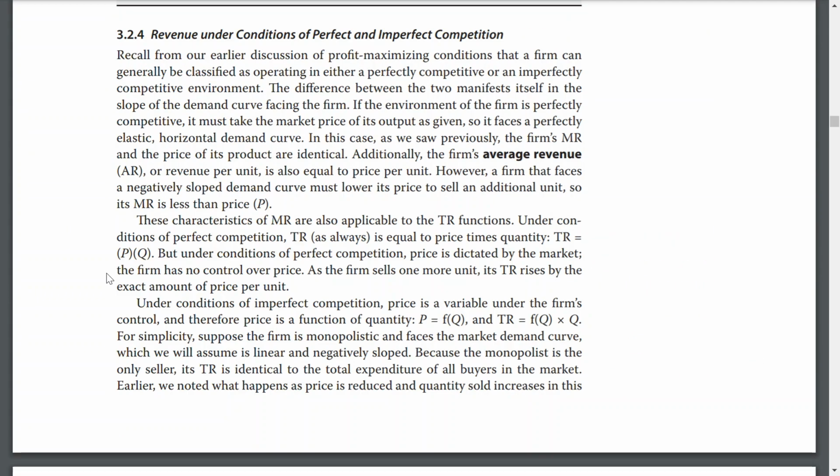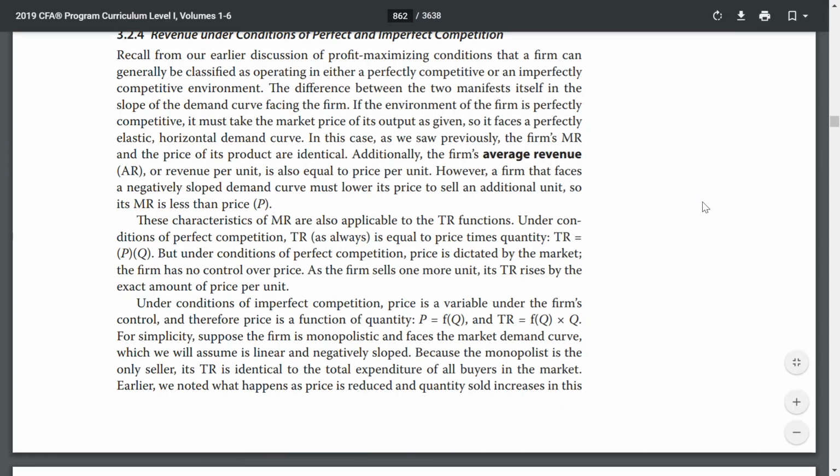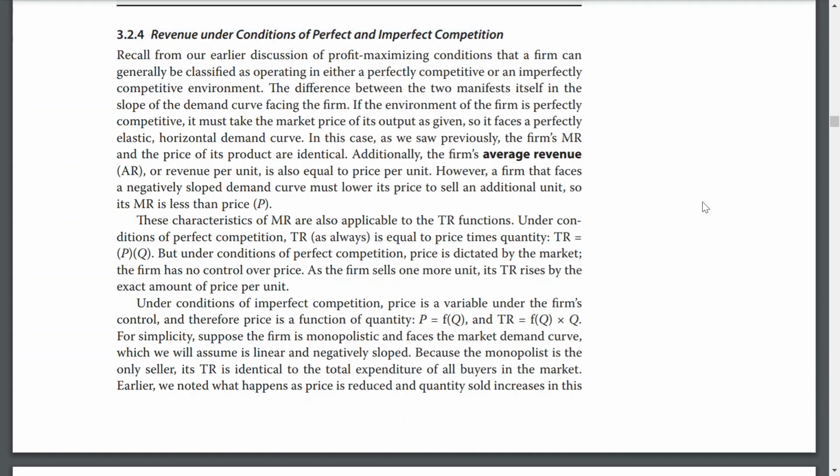3.2.4 Revenue under conditions of perfect and imperfect competition. Recall from earlier discussions of profit maximizing conditions that a firm can generally be classified as operating in either a perfectly competitive or an imperfectly competitive environment. The difference between the two manifests itself in the slope of the demand curve facing the firm.